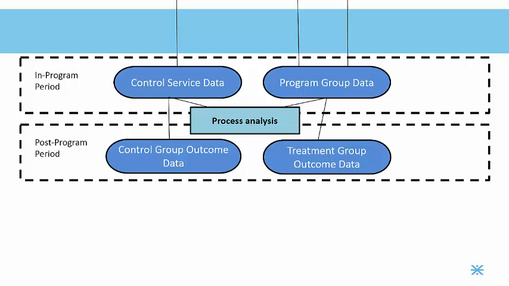Then starts the post-program period, during which we'll want to measure post-program outcomes. Sometimes the post-program outcomes come from surveys. Those are more expensive than the administrative data that my colleague Chanel Lane talked about.